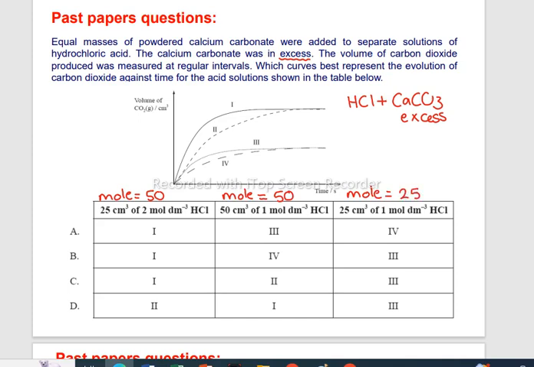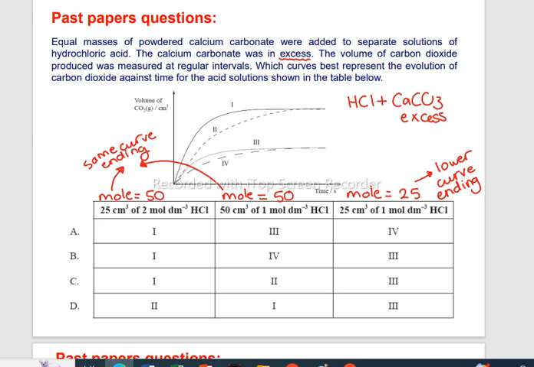From the mole calculations, I can conclude that both the 50 and 50 should end at the same curve ending. But the 25 mole should have a lower curve ending.